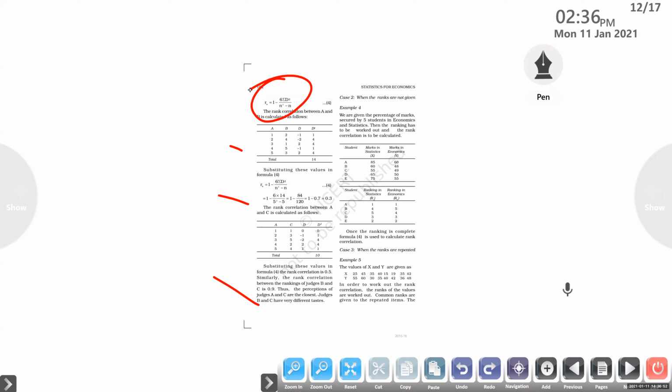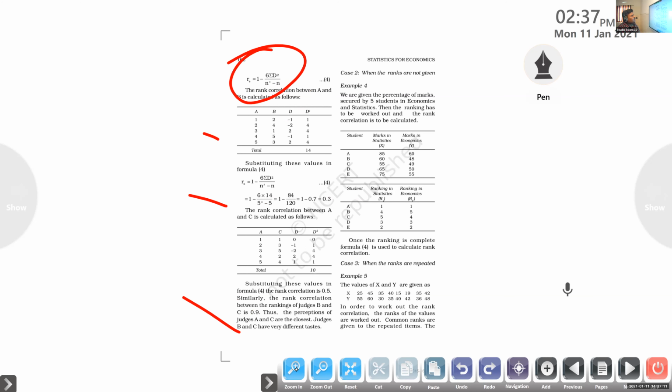Here we are given the percentage of marks secured by 5 students in economics and statistics. The ranking has to be worked out first, and then the rank correlation is to be calculated, the correlation between the ranks in statistics and economics.